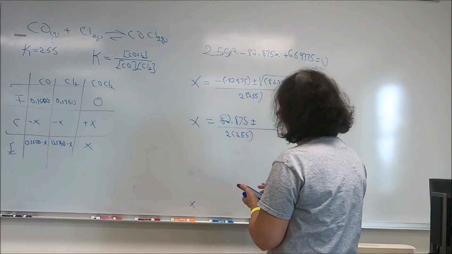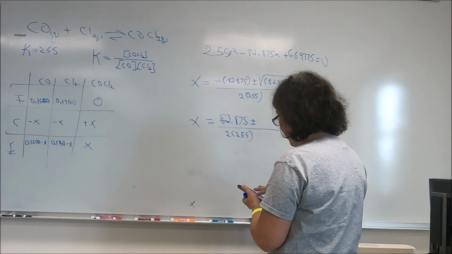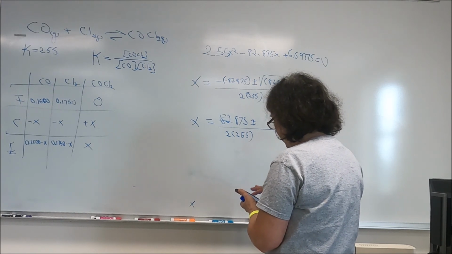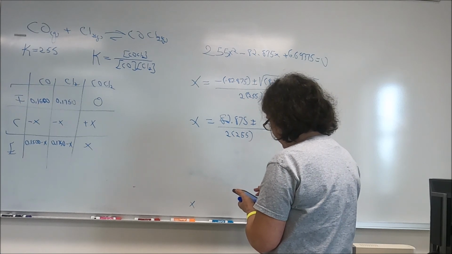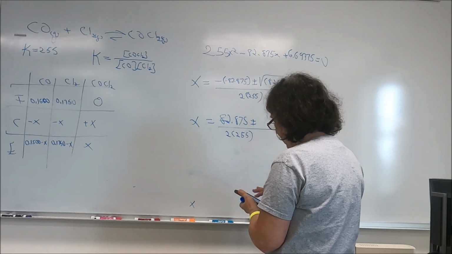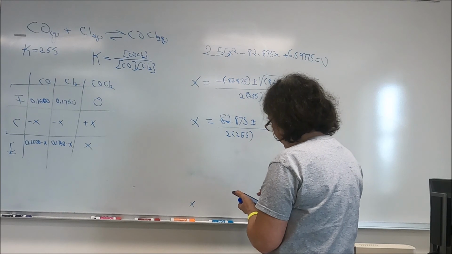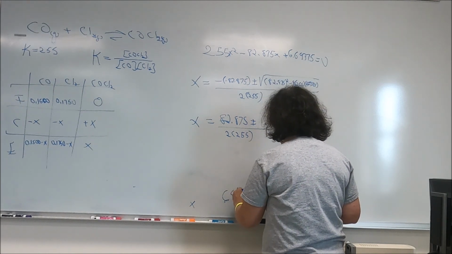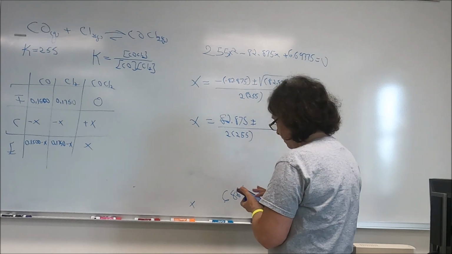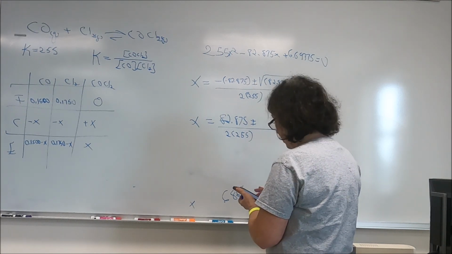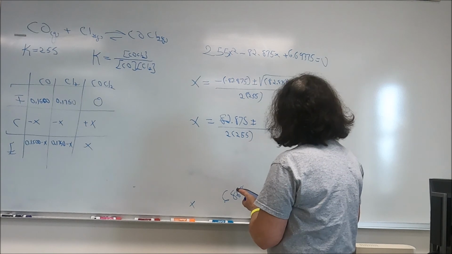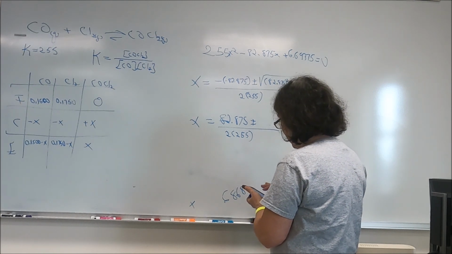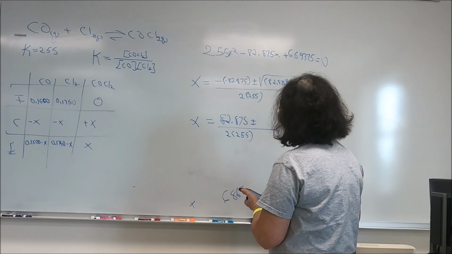So 82.875 times 82.875 equals, and 4 times 255 times 6.6937. Okay.